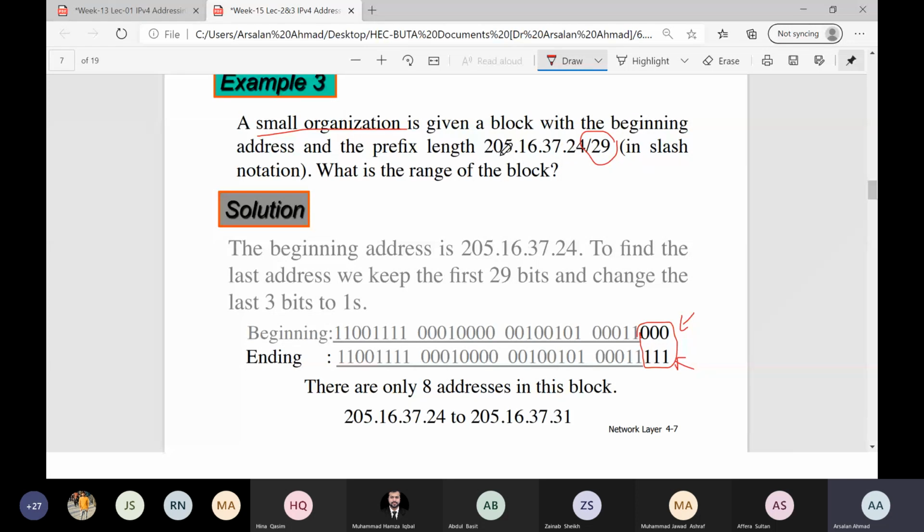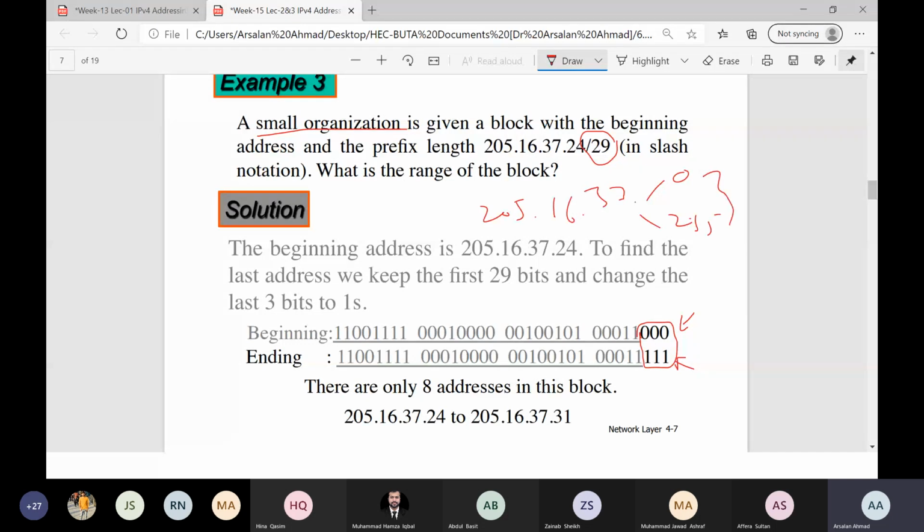But here, it is buying a block as per demand from within the class C address. The class C address 37.0 will go from 37.0 to 37.255, and we have 205.16 behind it. So this is the entire class C address.